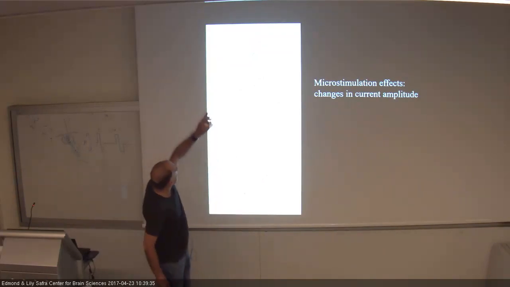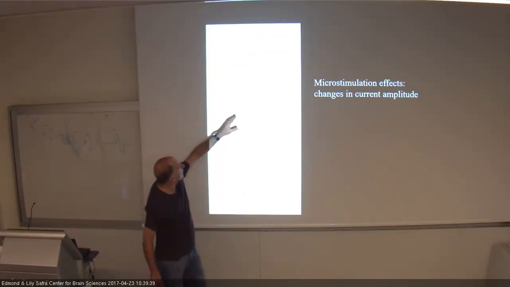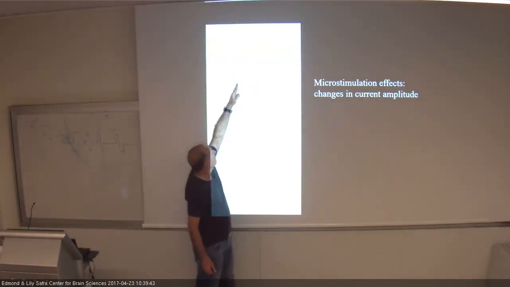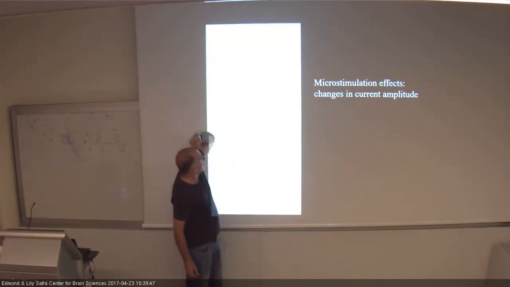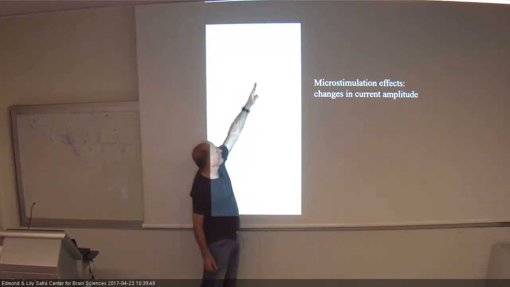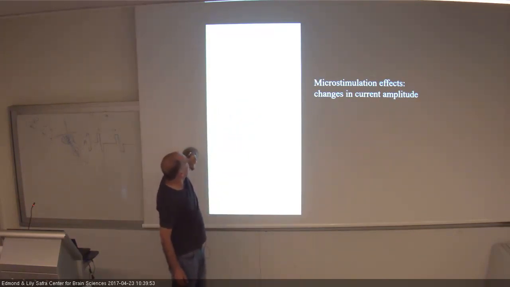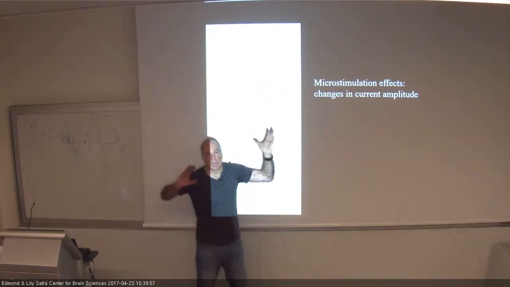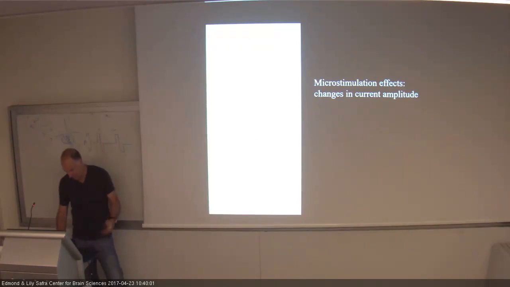If you start from, I don't know, 5 microamps and increase it to 80 microamps, initially this thing shifts to the left and maintains the same slope, meaning it maintains the same sensitivity, but as you're increasing the current amplitude beyond some level, you get to here. So the monkey is completely confused, okay? You're introducing noise and you're confusing the monkey's decision.